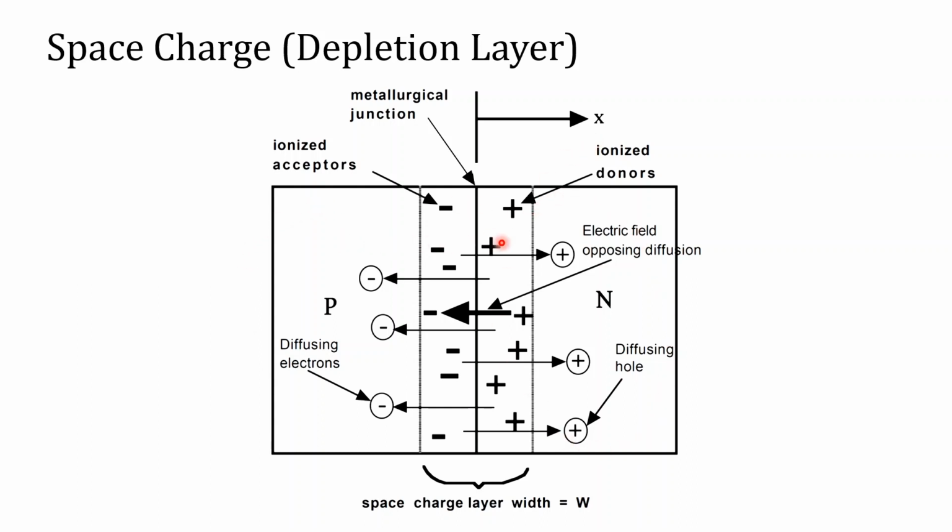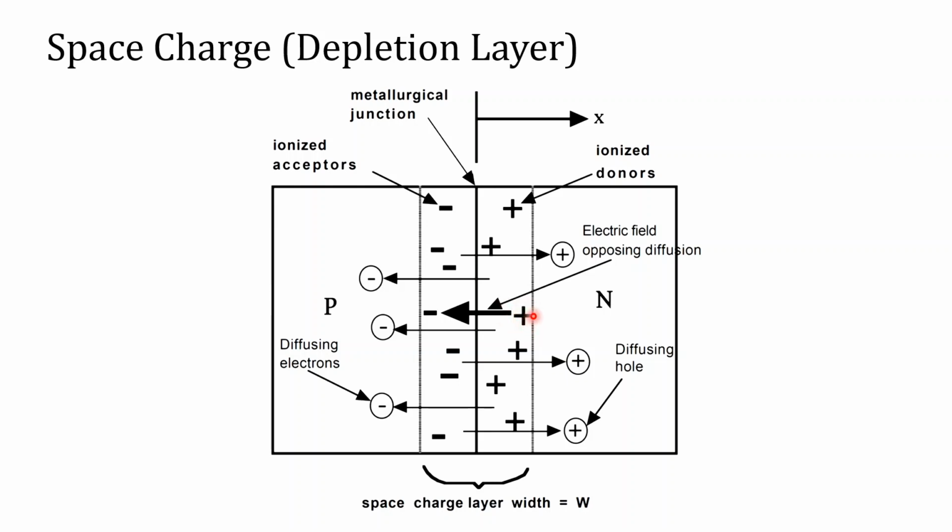So a diffusion current will flow from left to right, shown by this. Similarly, electrons are more here and less here, so electrons will move from right to left across the junction, and as they cross the junction they leave behind positive charge. So electrons will leave behind ionized donor atoms.